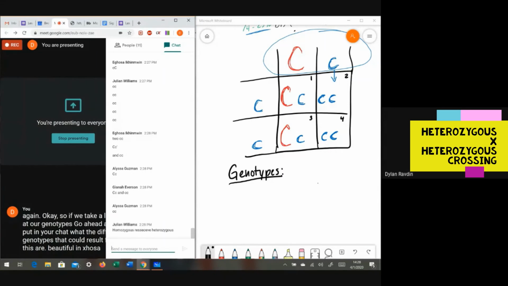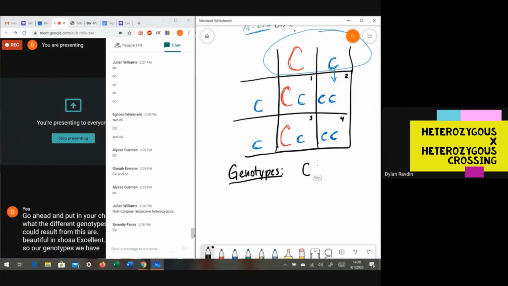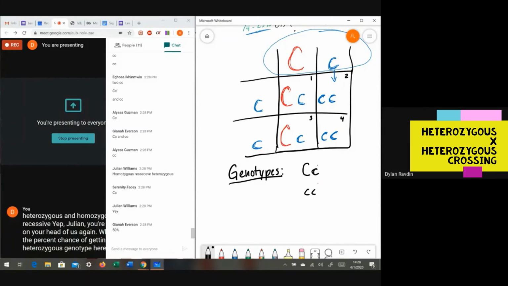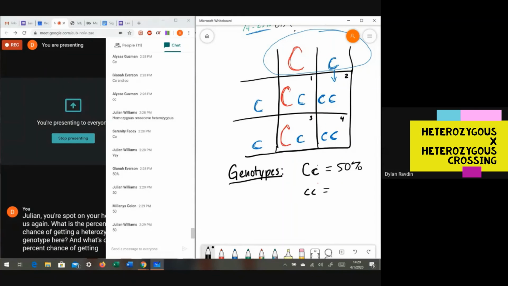Okay, so our genotypes, we have heterozygous and homozygous recessive. Yep, Julian, you're spot on. You're ahead of us again. What is the percent chance of getting a heterozygous genotype here? And what's our percent chance of getting homozygous recessive?